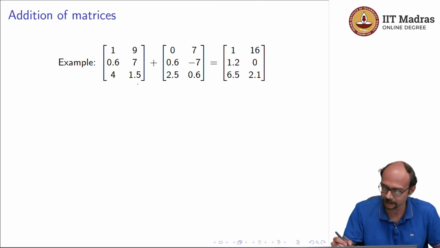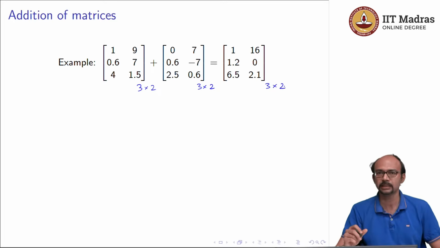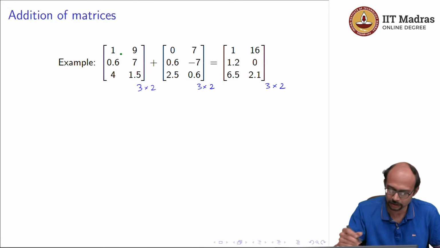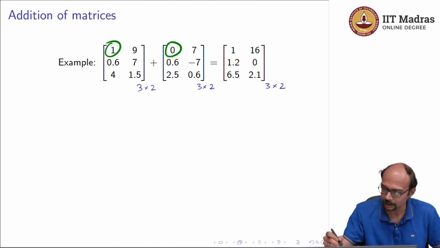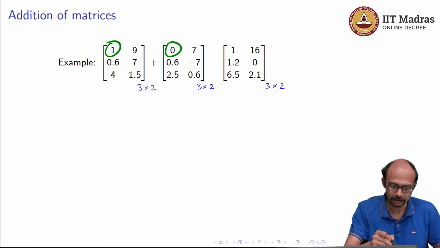So for example, over here, this matrix has 3 rows and 2 columns. This matrix also has 3 rows and 2 columns, and hence we can add them. The resulting matrix also has 3 rows and 2 columns. So how do we add this? We take 1 and add it to 0, so we add these, and in the 1/1th place, we get 1 again.